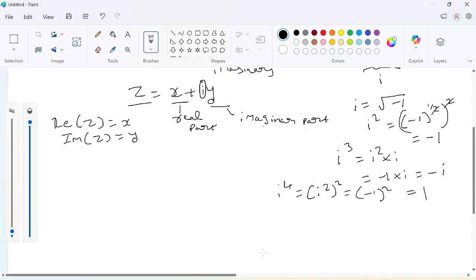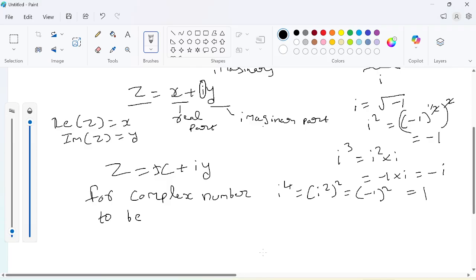Now for this complex number to be pure real, the imaginary part should be 0, so y equal to 0.